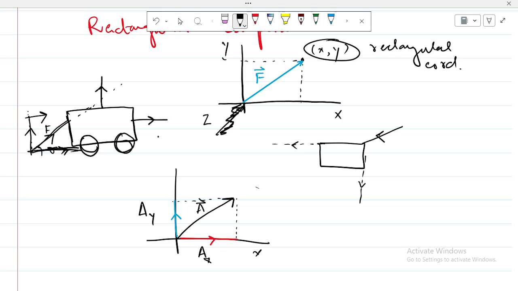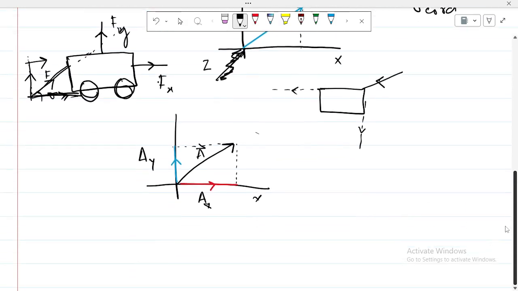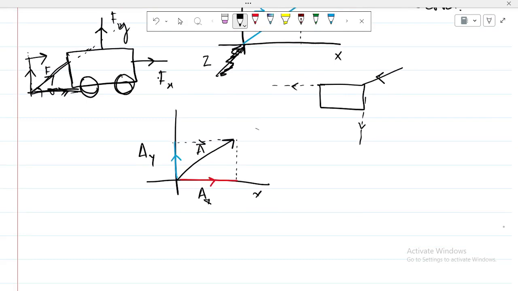Exactly in this case, यहाँ पे this component is simply the fx component, this is simply the fy component, the force. So these two components ax and ay are actually called the rectangular components of a vector.